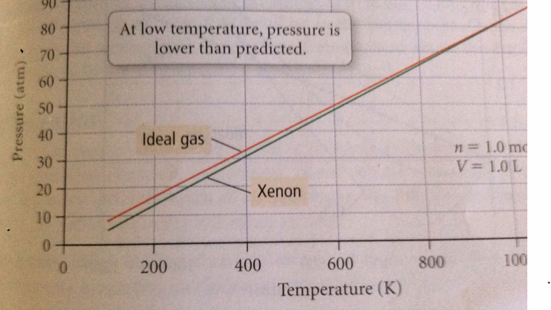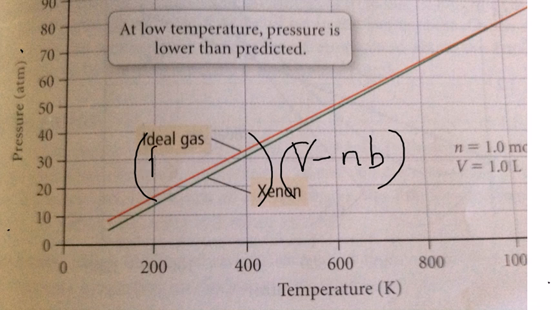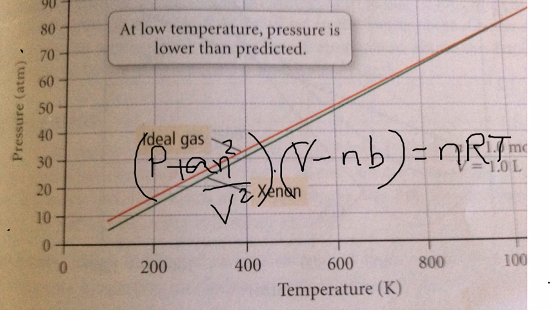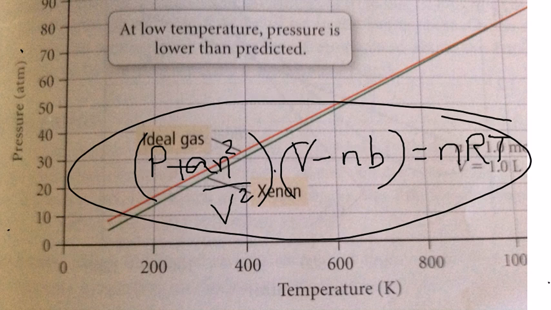The previous video gave us a volume correction of V minus nb, and van der Waals' work gave us the pressure to be P plus a n squared over V squared. So (P + an²/V²)(V - nb) is equal to nRT.